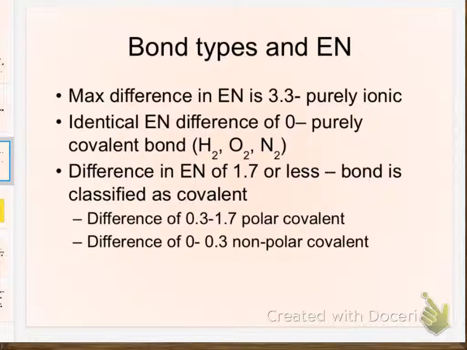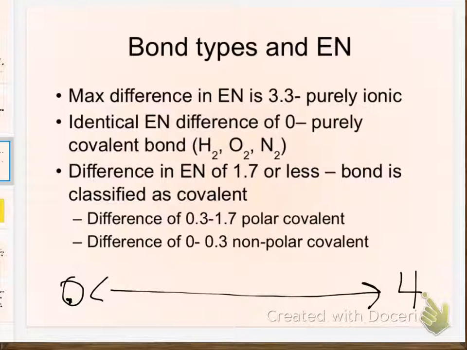And those electronegativities go from, let's just say, 0 to 4. The maximum electronegativity is 4. Oh, actually, I know what the minimum is.